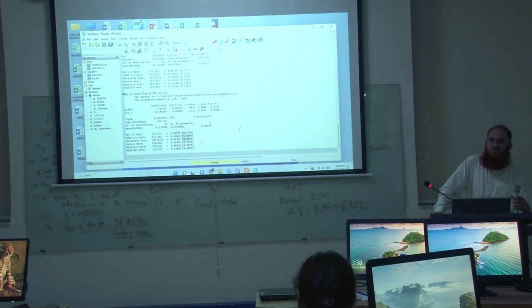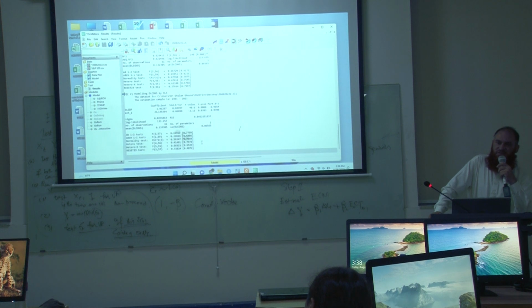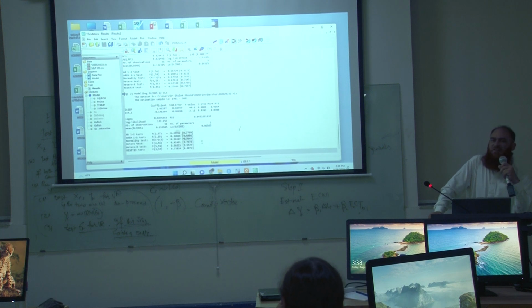This is your output. What this output says: if you have 1 unit change in DL GDP, there will be 1 unit change in DL consumption.